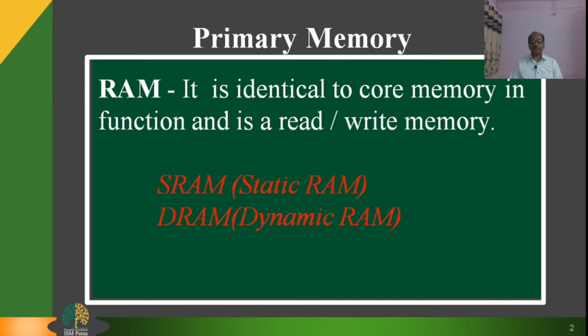These storage locations can only be read and cannot be erased or changed. Now, certain ROM chips are available which can be changed. PROM, that is programmable read only memory, or in short programmable ROM. These ROMs may be programmed once, after which they become permanent.